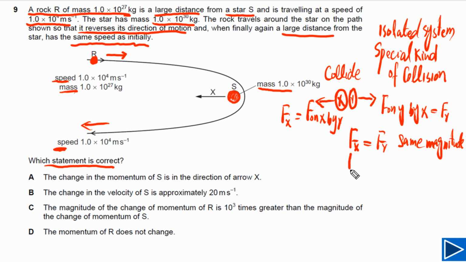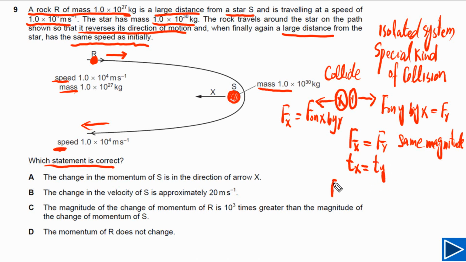Now the second thing we need to understand: the time of impact, meaning the time force Fx is acting on X, is the same as the time for force Fy acting on object Y. So the time of impact is also the same.